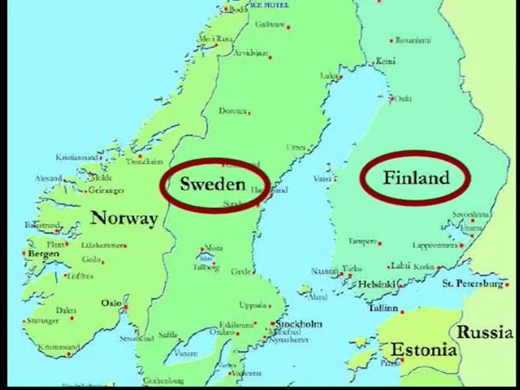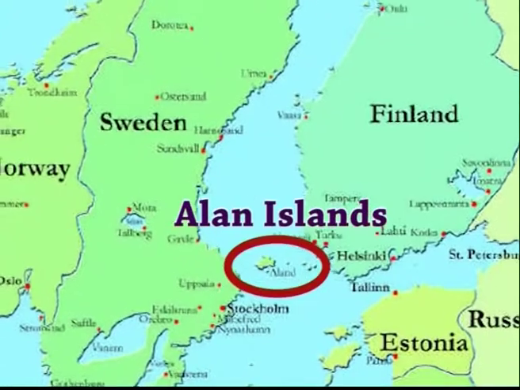The League was also involved in resolving a dispute between Sweden and Finland over the Åland Islands, an archipelago lying between Sweden and Finland, populated by some 20,000 people, almost entirely Swedish-speaking.